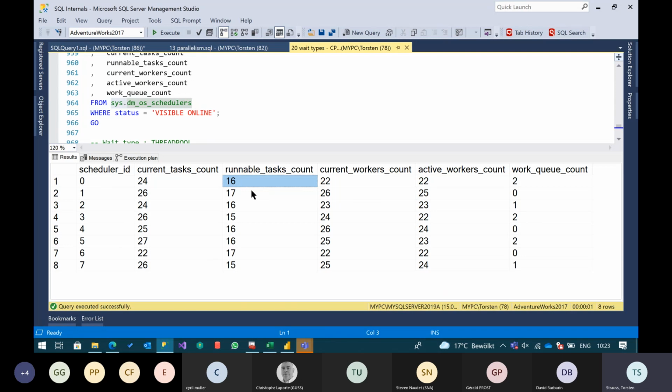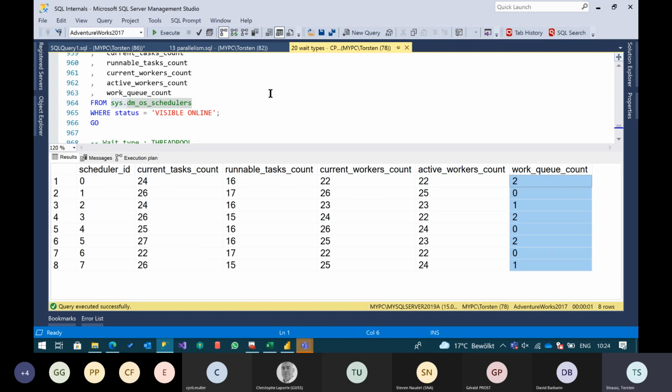That means we can already see that there are more tasks waiting for a free thread. You can see that in the end, there's one column called work queue count. And the work queue count, this is a queue. That means the task, nothing else than the query, must wait for a free thread.